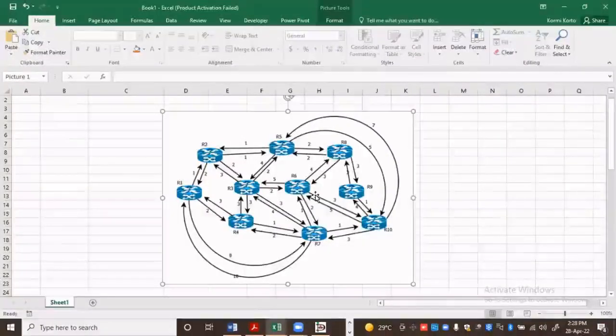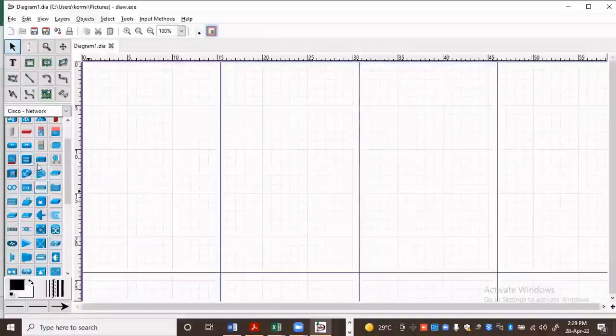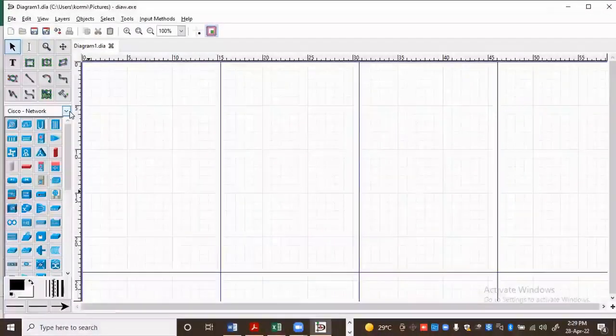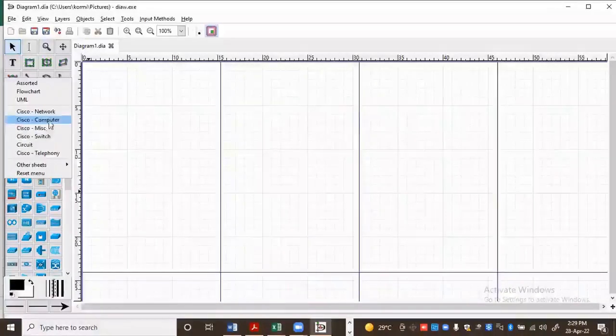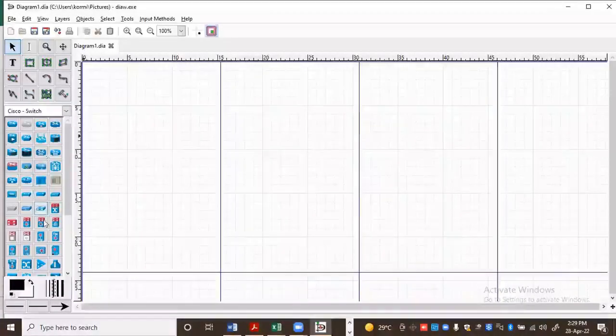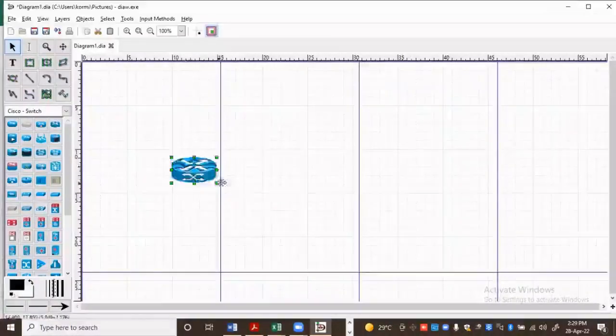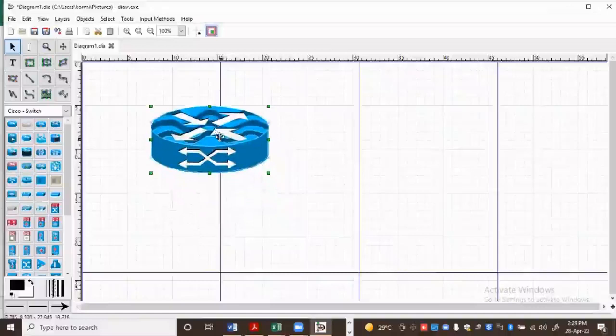Just keep in mind that these are routers. I'm using a layer 3 switch, even though they are routers, just to be legible. So just pick it up and put it on the board. This is an environment where you can sketch your designs.